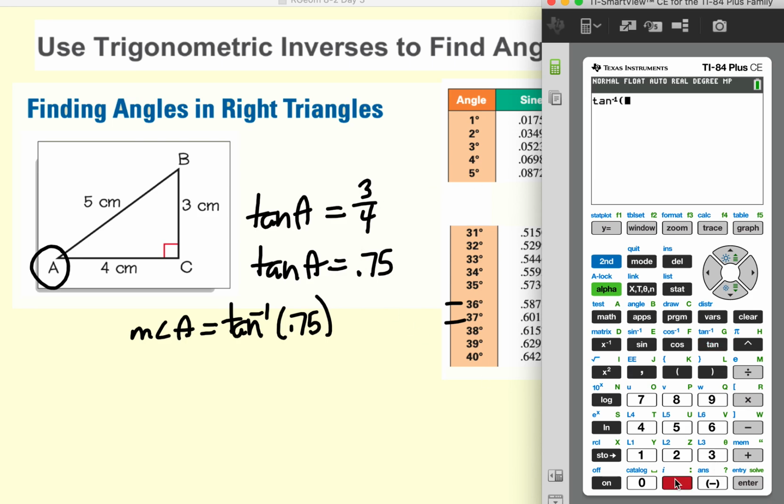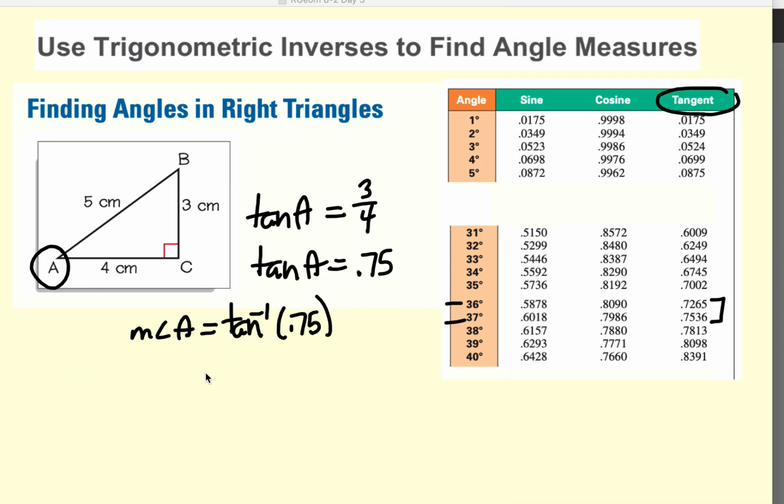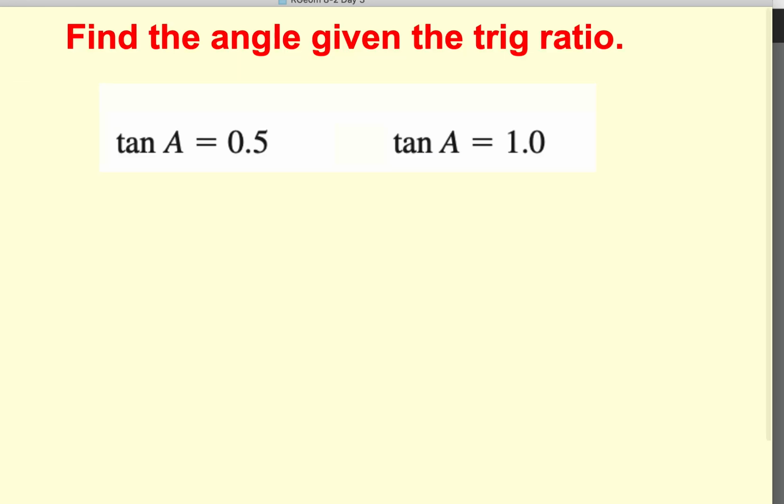So we're going to give it the ratio, and it's going to give us the angle. And then when I enter, the angle is about 36.9 degrees. And this is how we find angles, by using this trig inverse function.